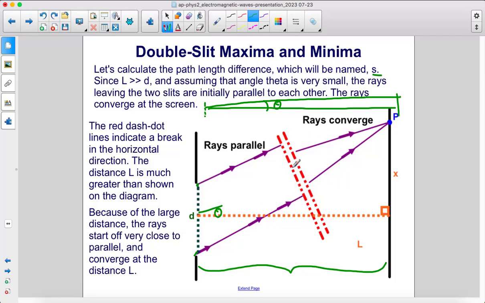Now we do have this red dash dot line here indicating there is a break, and this is just because we can't draw it to scale. So here where the rays are leaving the slits, they're essentially parallel, and then eventually the rays do converge at point P, but there's a lot of space between this part and this part, which is why we're doing these little red lines as a break.